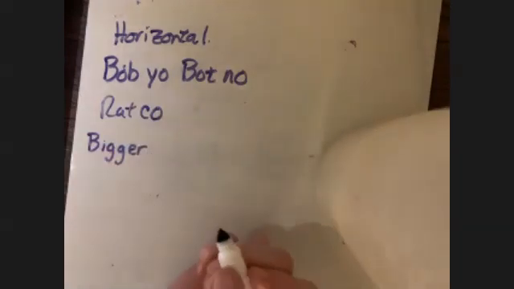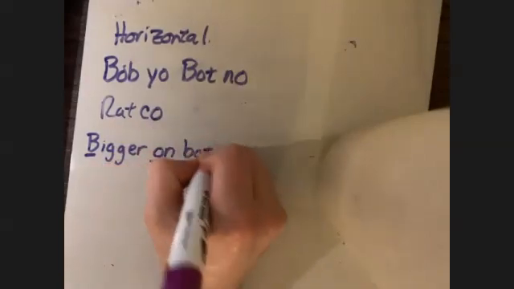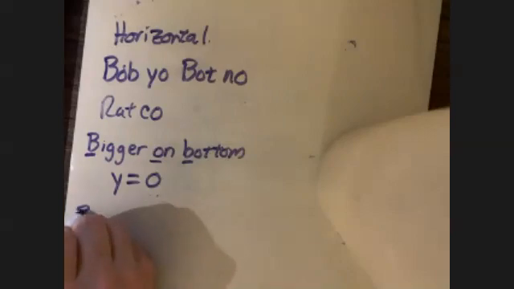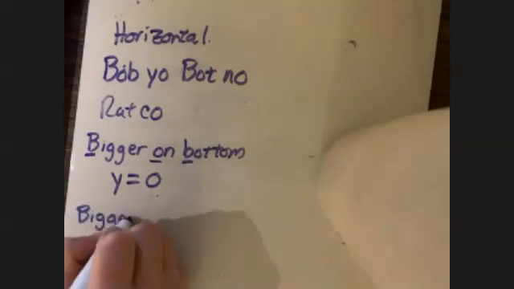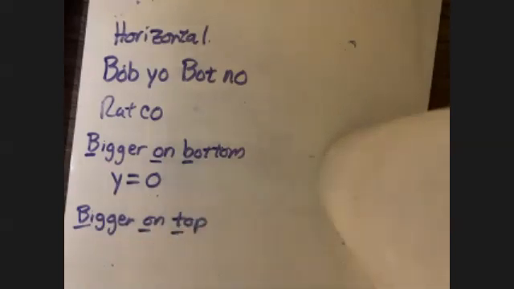Now, what this means is we're going to be looking at the powers, and we're going to look at the highest power. If the highest power between the top and the bottom is bigger on the bottom, then it's going to be y equals 0. If the bigger power is on the top, which is Botno, then there is no horizontal asymptote.